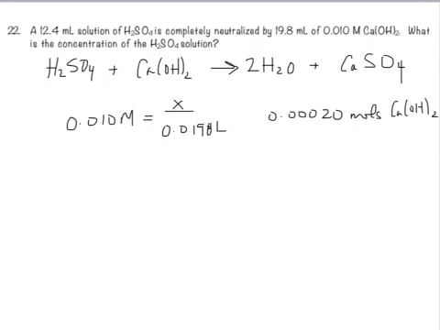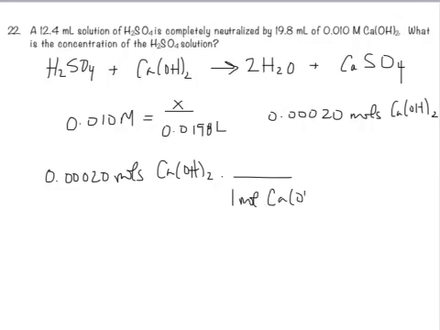Okay, so now that I know the moles of calcium hydroxide, once again, we've got to convert to moles of the sulfuric acid. 0.00020 moles of calcium hydroxide. Well, once again, you'll notice the acid and base are in a 1-to-1 mole ratio from the balanced formula, so it's going to end up being the same again, but you got to show it.